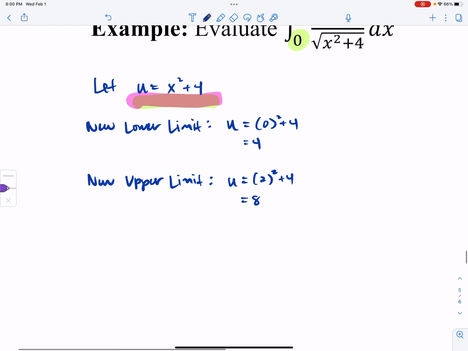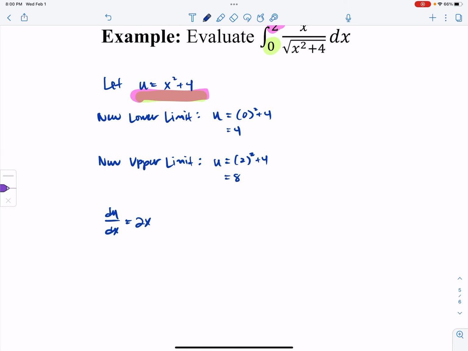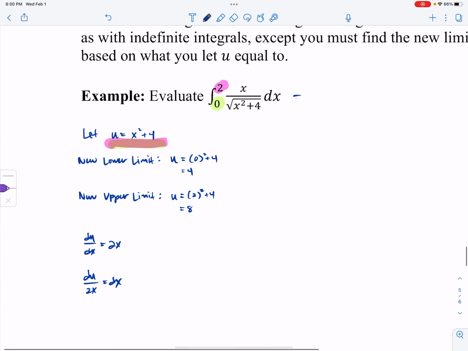Okay, and then same side work as before. du over dx is 2x. So if we solve for dx, we have du over 2x equals dx.